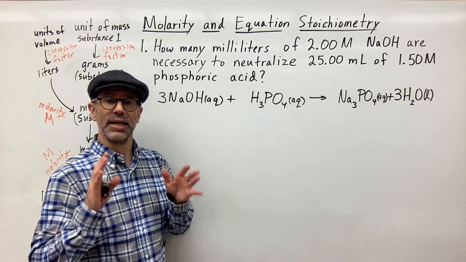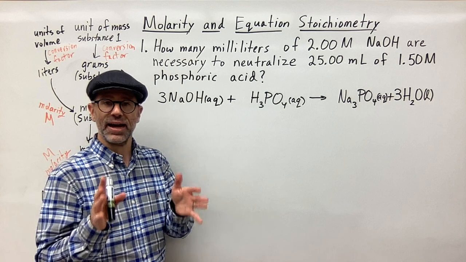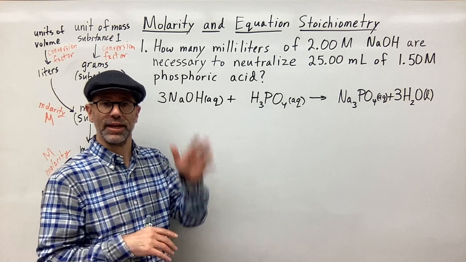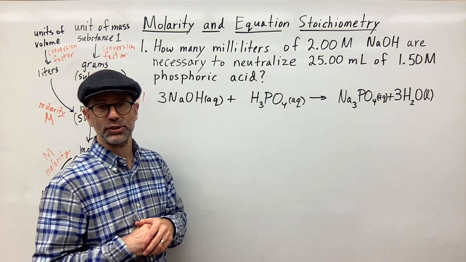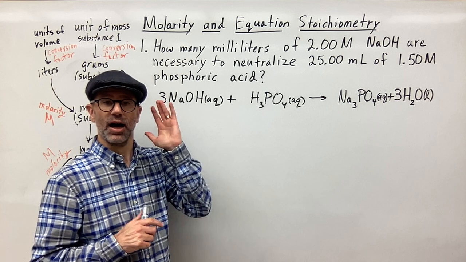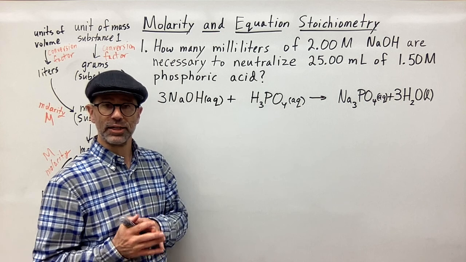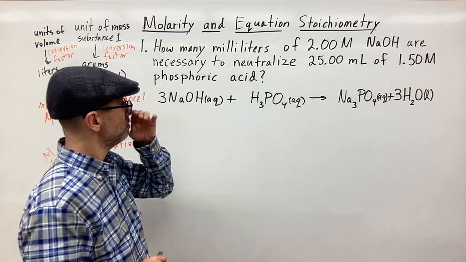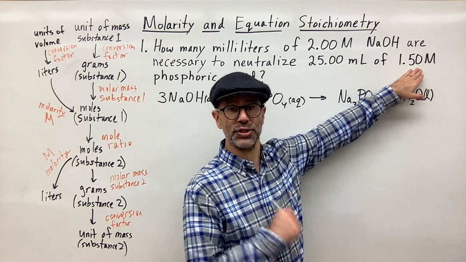So anytime they give you a measurement that relates 2 units together, like this over this or this per this, use it as a conversion factor. So in this case, molarity is moles per liter. So I'm going to use that as a conversion factor.